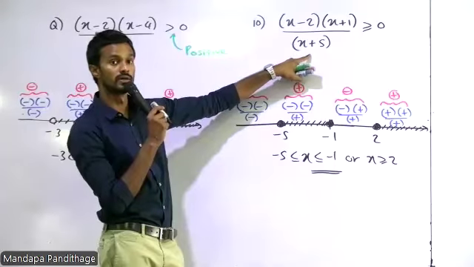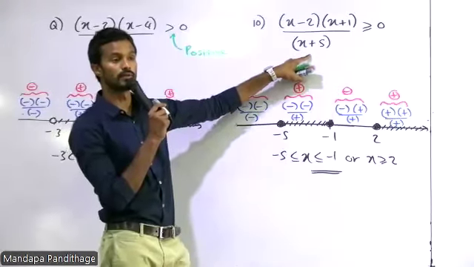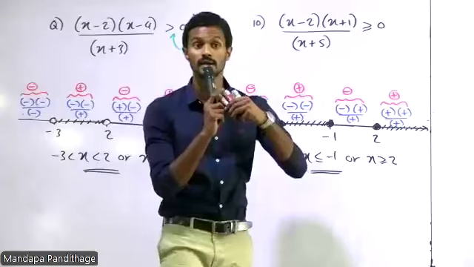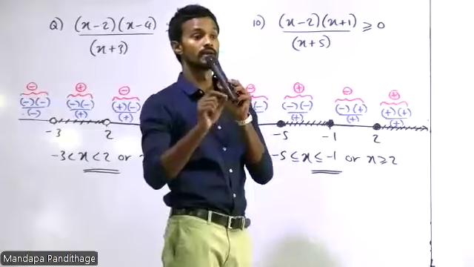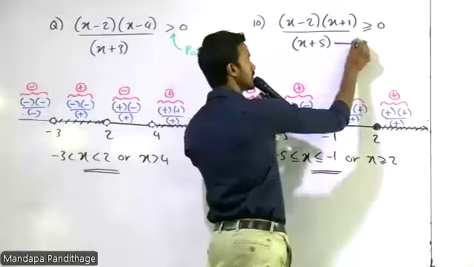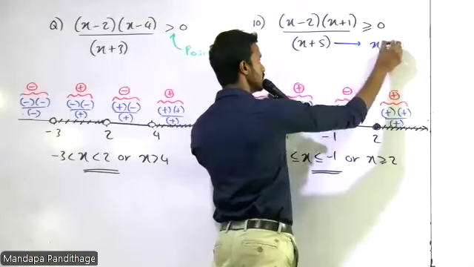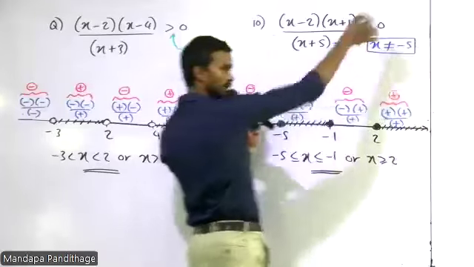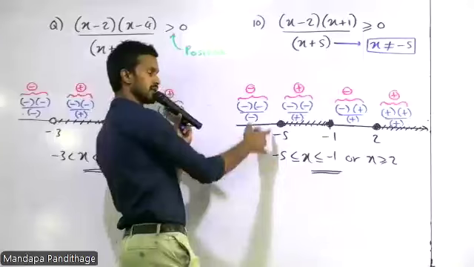The denominator. So tell me, what happens when the denominator becomes 0? When we divide by 0, what happens? It's not defined in maths. There can't be a 0 in the denominator. So when we have a denominator, keep in mind we have to take out the value which makes the denominator 0. Because if x is equal to minus 5, this becomes undefined.